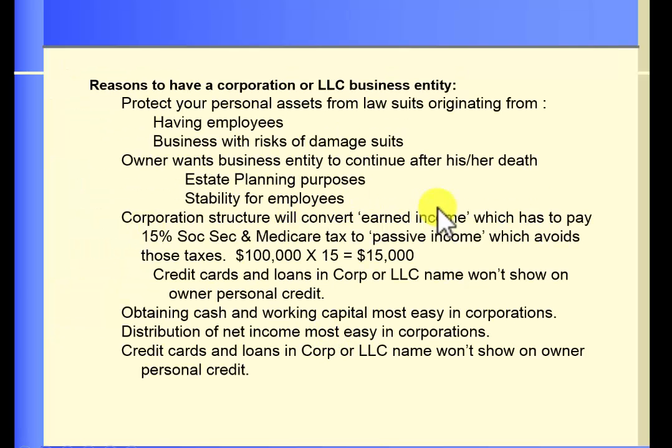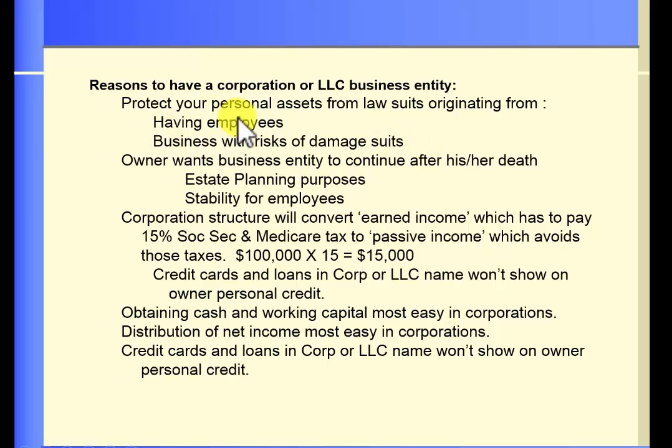Reasons to have a corporation or an LLC business entity. Well, you do it to protect your personal assets from lawsuits originating from having employees, having a business which has risks of damage suits. In other words, say you're a painting contractor. One of your employees could spill paint on the property that you're painting and cause damage, or they could drop a can of paint on the owner's head and then there's a damage suit.